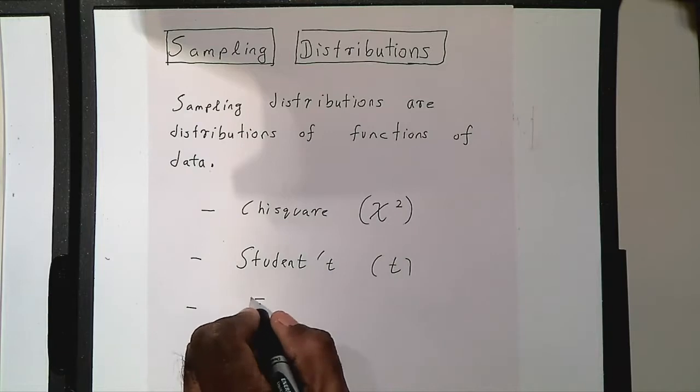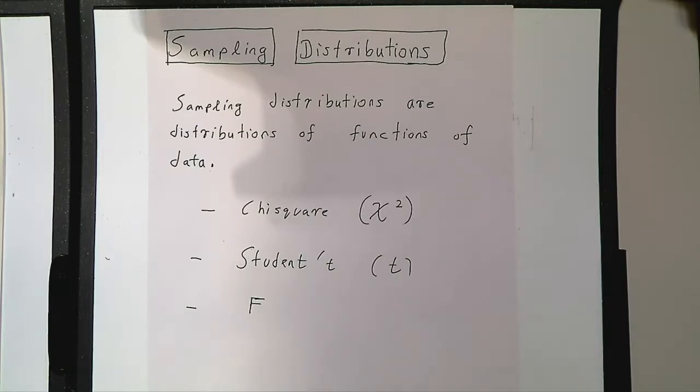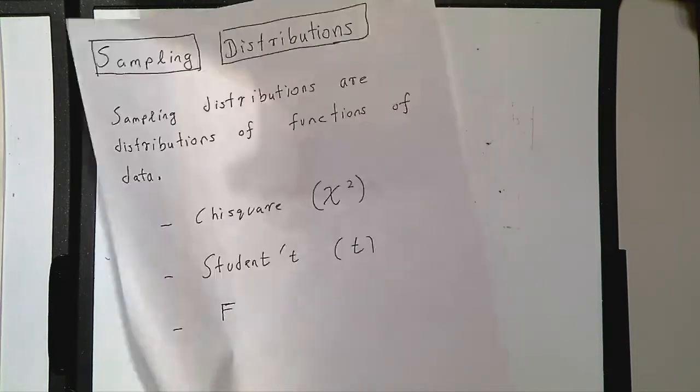I will only talk about the first two, the chi-square distribution and the student's T distribution. These will be useful later when we talk about confidence intervals.